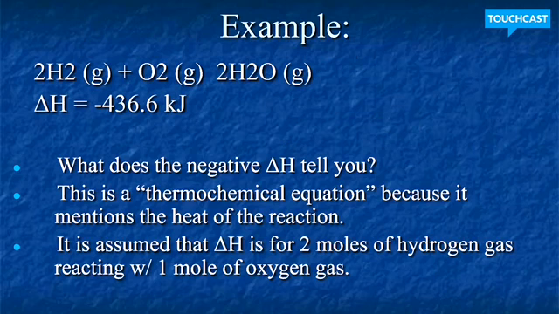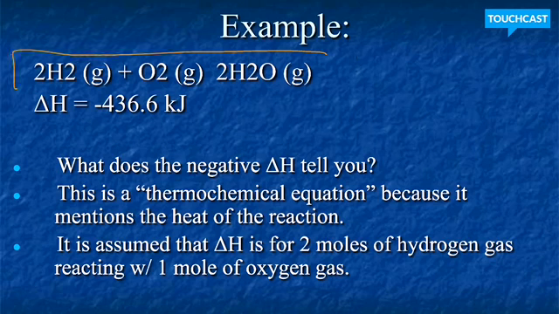So scientists have already done a lot of research on many, many different types of chemical reactions, and they've been able to tabulate the amount of energy either released or absorbed during those chemical reactions. So the thing that you have to be watchful of is what reaction they provide you in the example.